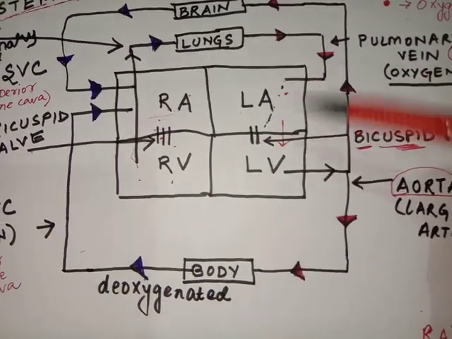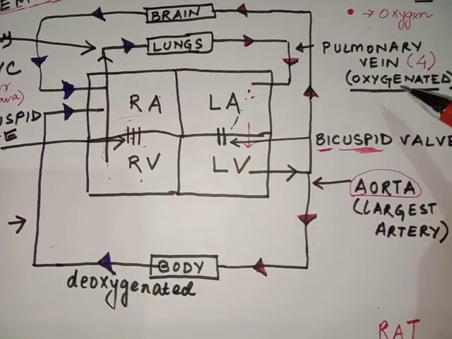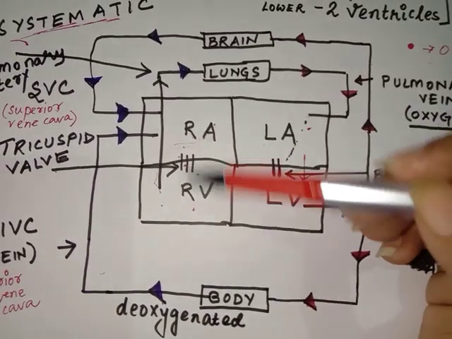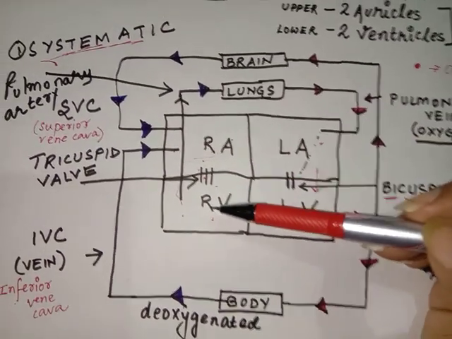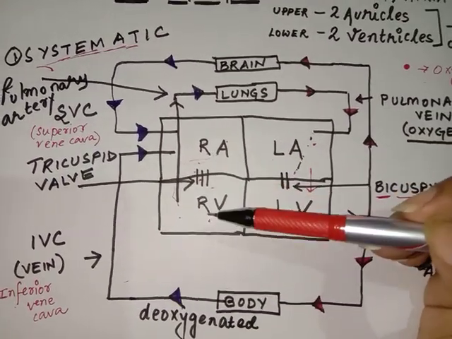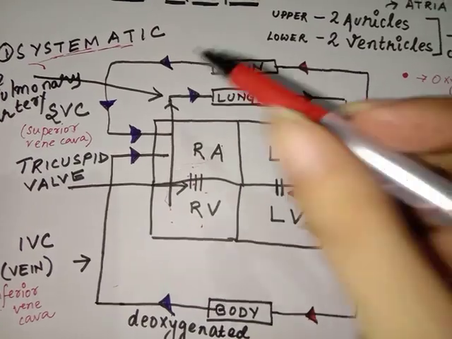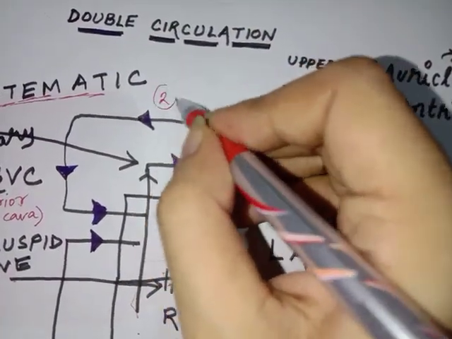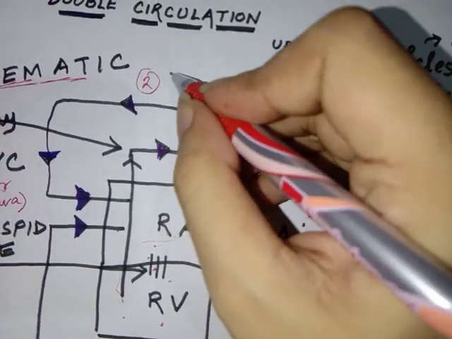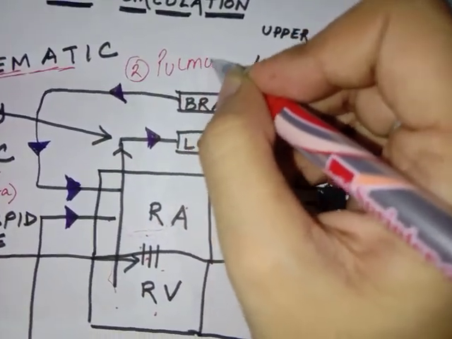So the left side of the heart is dealing with oxygenated blood, and the right side of the heart is dealing with deoxygenated blood. This kind of circulation which the right side of your heart is undergoing is known as the pulmonary circulation.